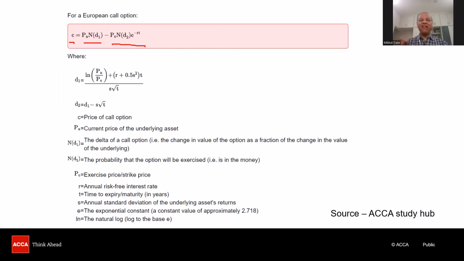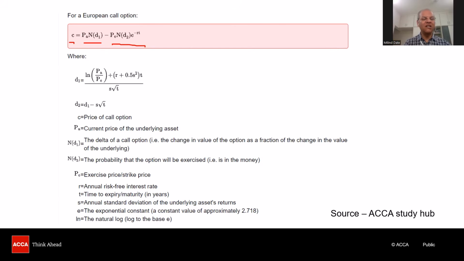So the buyer will exercise only when the option is in the money. In the money means it's in profit for the buyer. And then the whole thing is multiplied by the statistical constant of e raised to minus rT, where r stands for risk-free rate of return and T stands for time. And this is added to find out the present value based on continuous discounting, as I said.